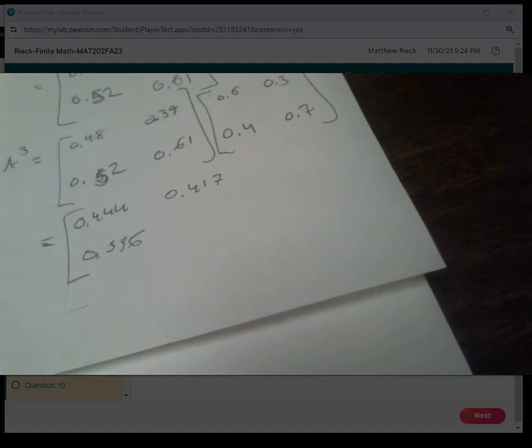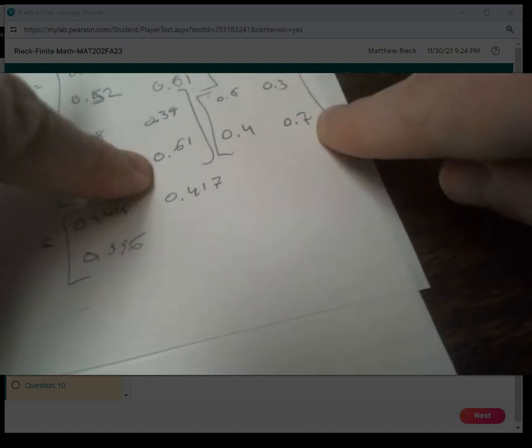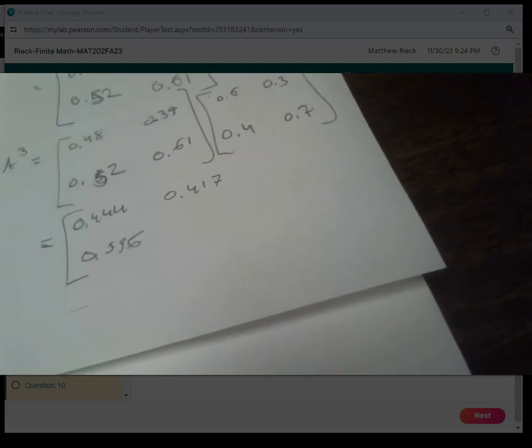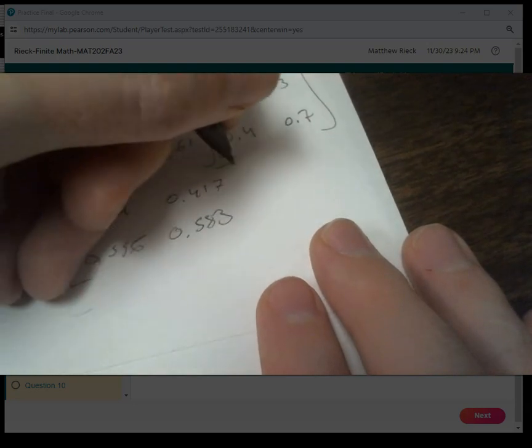And finally, for the second column, we do 0.52 times 0.3 plus 0.61 times 0.7, which is 0.583.